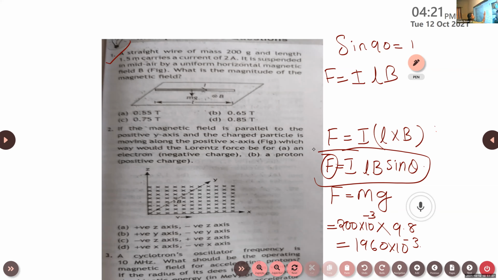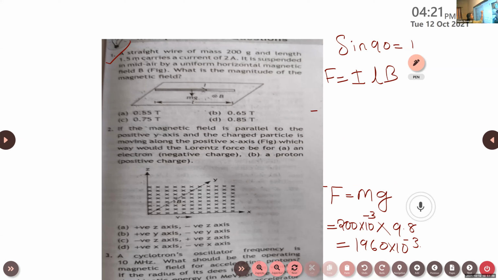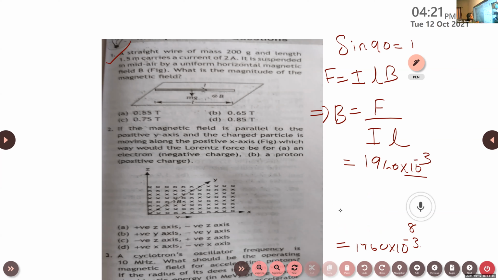So here we are going to rearrange the equation, which implies B is equal to F divided by IL. Force F is 1960 into 10 raised to minus 3 divided by IL. Here current is given, it is 2 ampere. Length of the conductor is 1.5 meter.